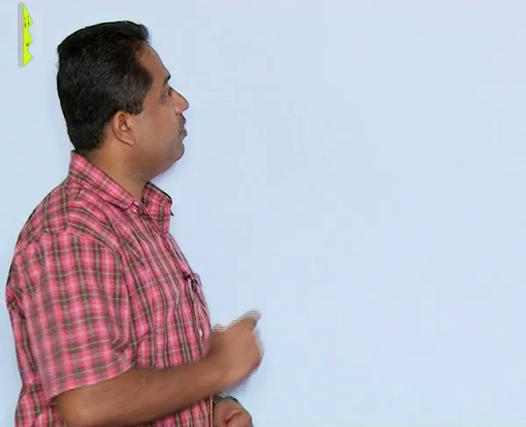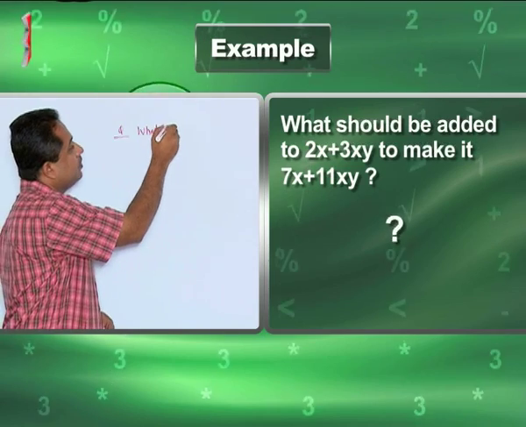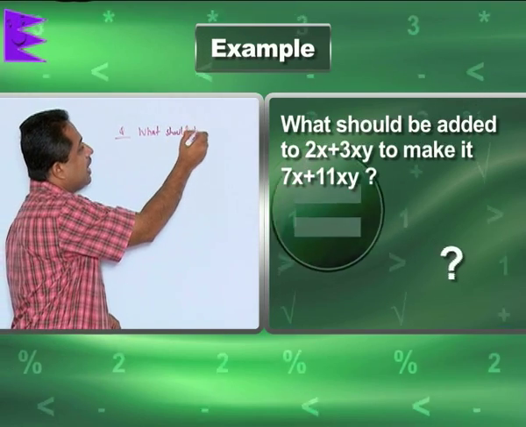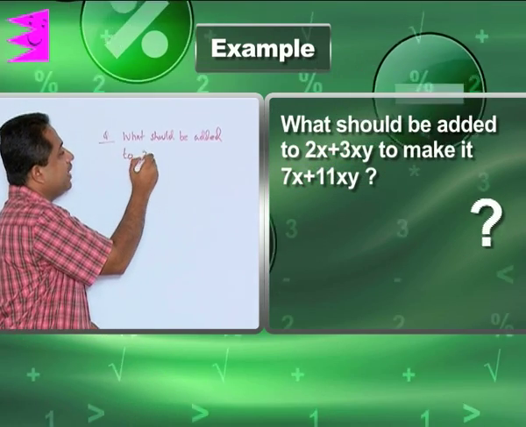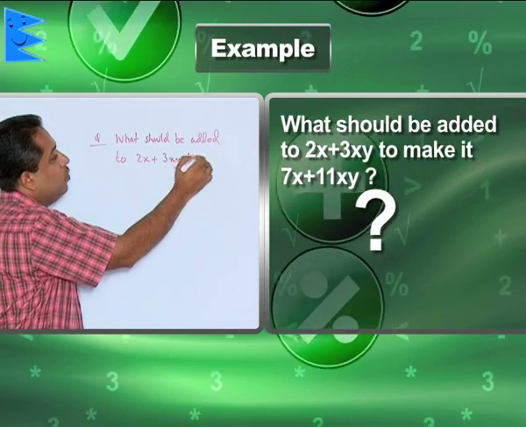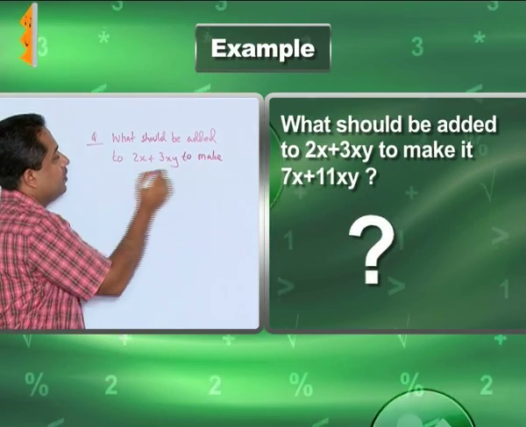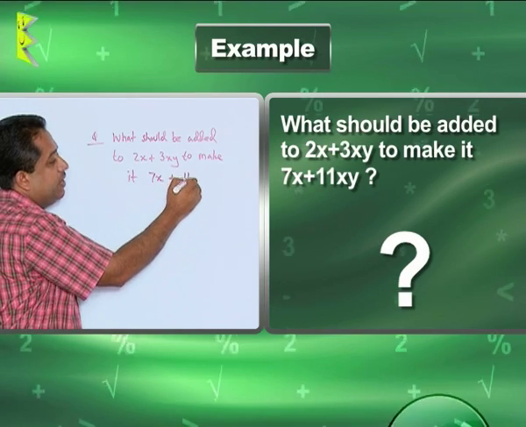Now, let us see some more examples where we can add and subtract algebraic expressions. If the question is: what should be added to 2x plus 3xy to make it 7x plus 11xy?